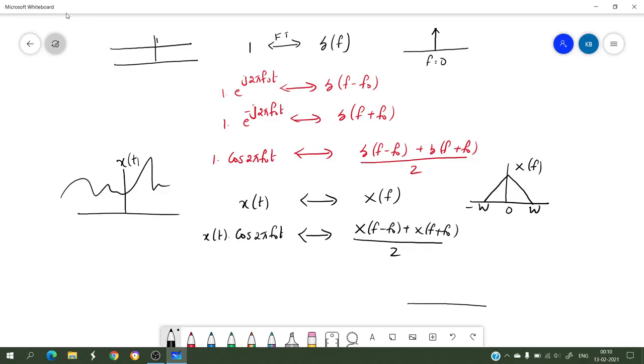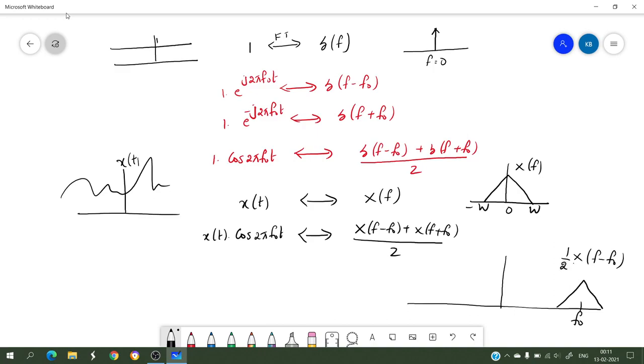I can represent this graphically as, first, the spectrum X of f is divided into two parts, then one part is shifted right by an amount of f naught, which is X of f minus f naught. Since half of the part is shifted, I am writing it 1 by 2.